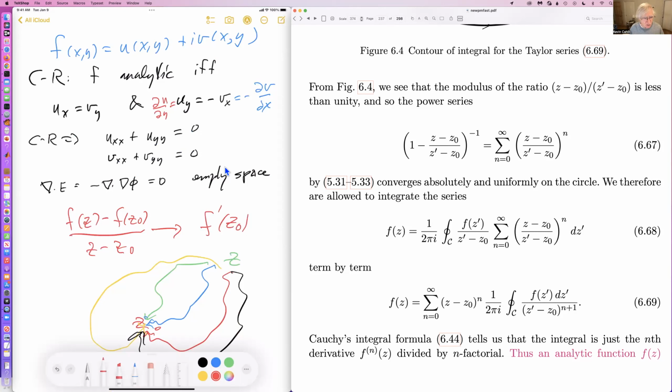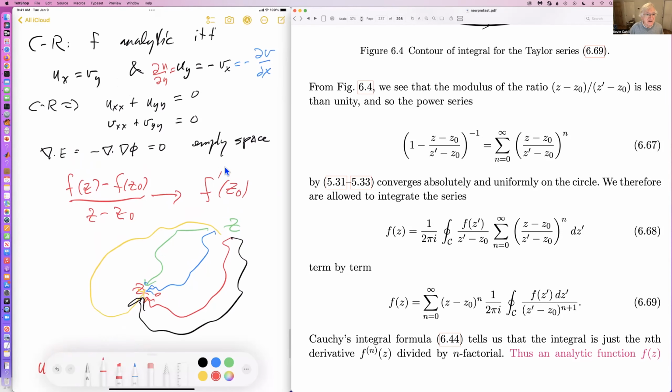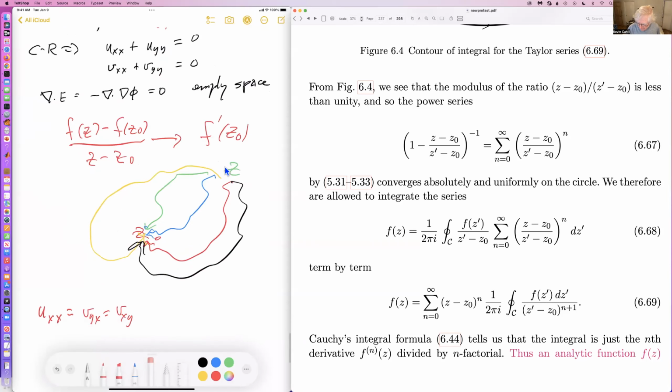The reason why that is true is that, for example, uxx, well, remember by the Cauchy-Riemann conditions, ux is vy, so this is vyx, which is also vxy. But on the other hand, the Cauchy-Riemann conditions say that vx is minus uy.